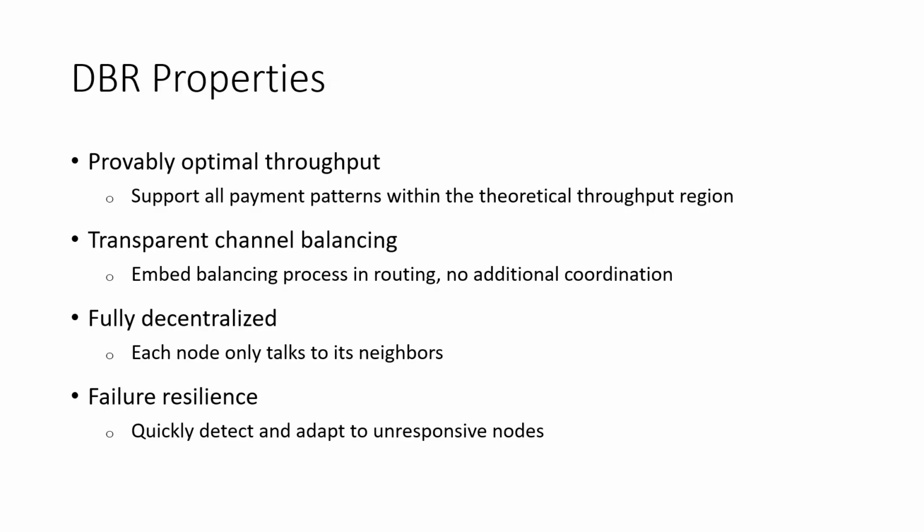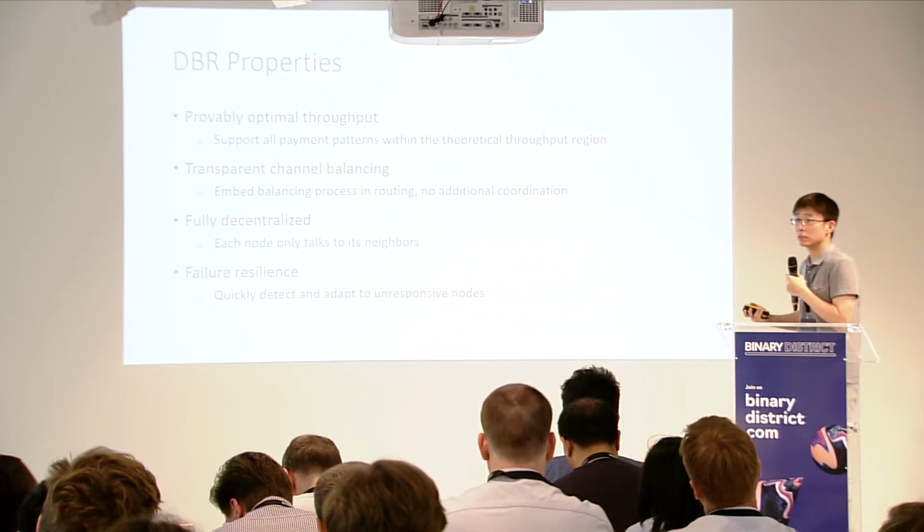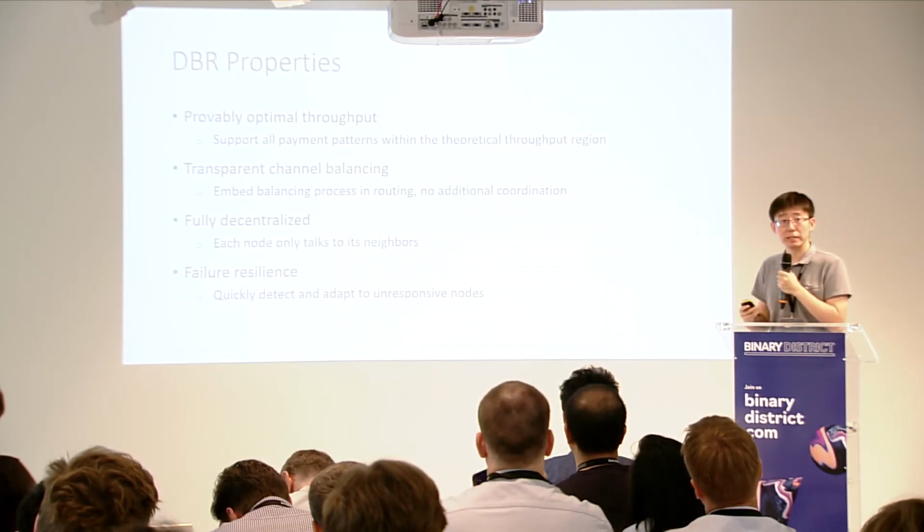So DBR has these nice properties. First is provably optimal throughput, which means that it can support all payment patterns within the theoretical throughput region. And it has transparent channel balancing, because the channel balancing is embedded in the routing process.